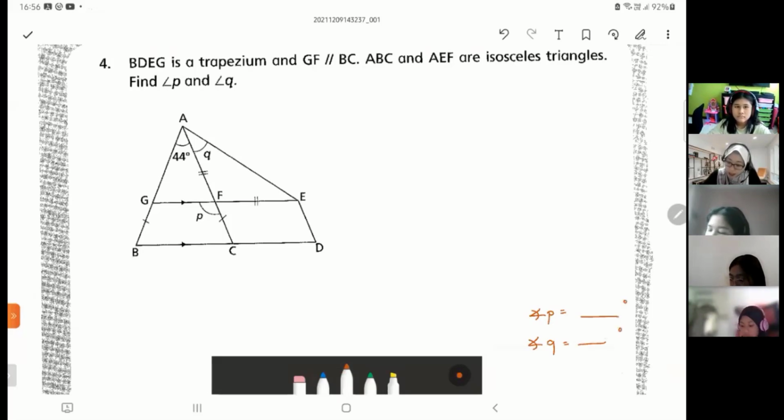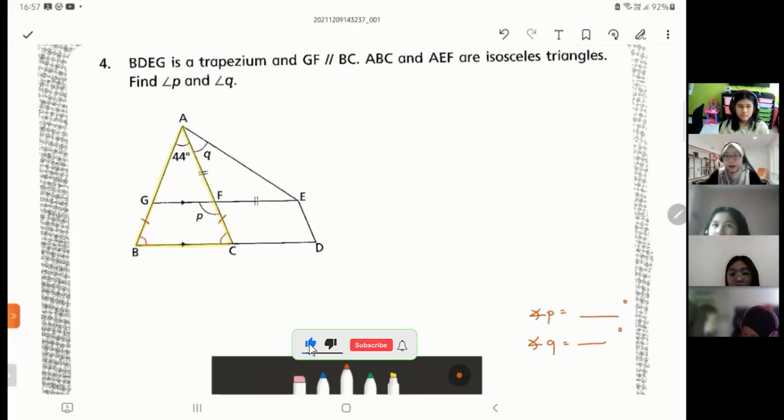Okay, I'm going to look at the first thing first, the isosceles triangle. Since I want to find P first, and P is within this isosceles triangle. Can you see the one that I color in yellow? The isosceles is indicated by these 2 lines. So can I find this angle and this angle there? I can, okay?